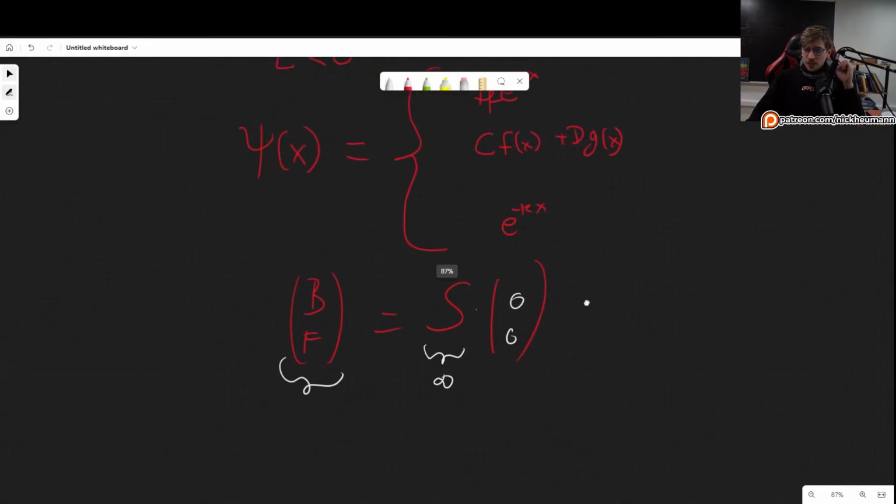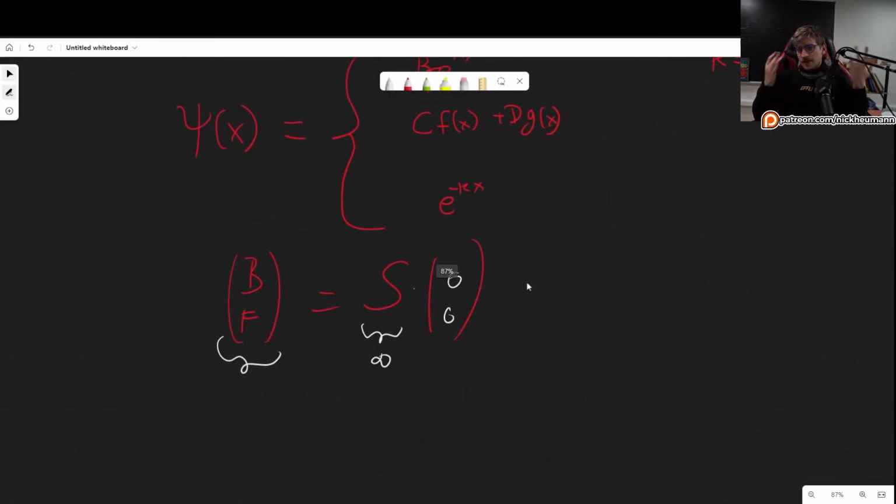So basically what we are saying is that if bound states exist, and this is the important part, if they exist, then we need the elements in the scattering matrix to blow up. That is what we are saying. So let's just do a quick example.